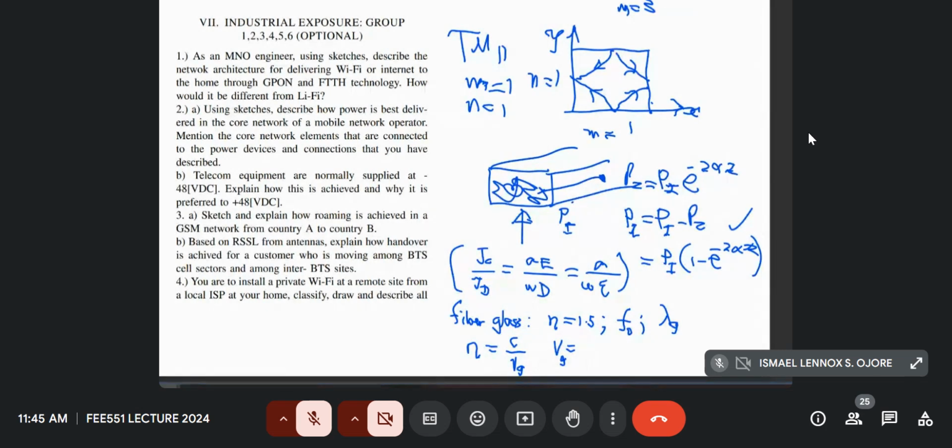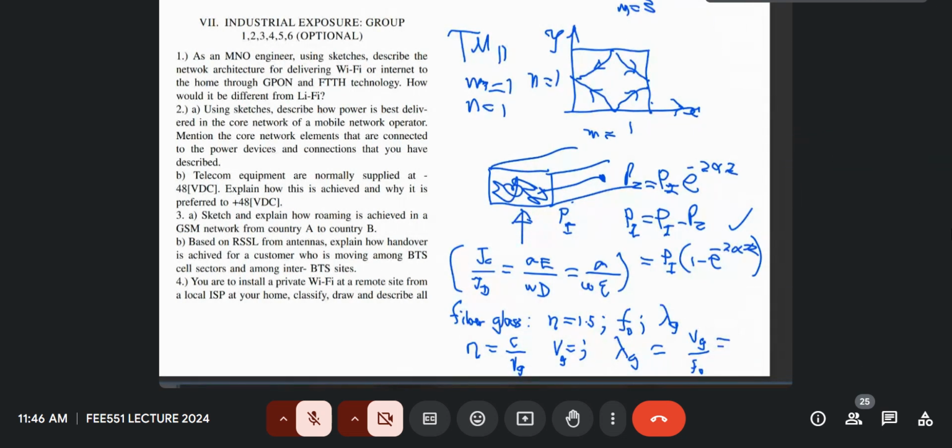So we get V in the glass, and then we compute the wavelength. So this will be Vg over f naught, and Vg we can see is C over eta, so lambda g is C over eta f naught.